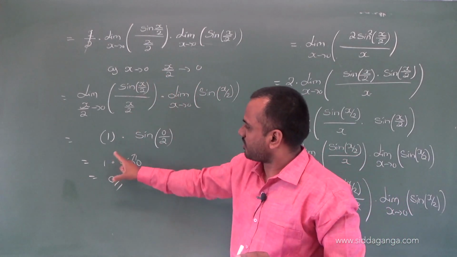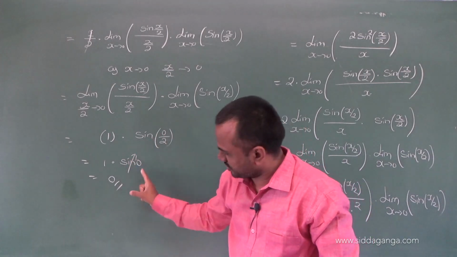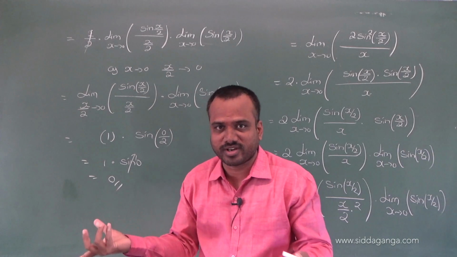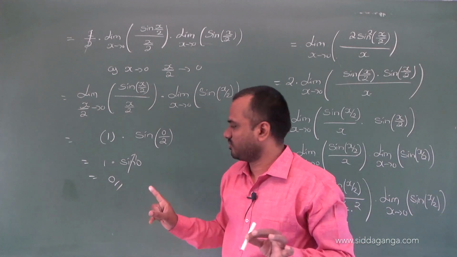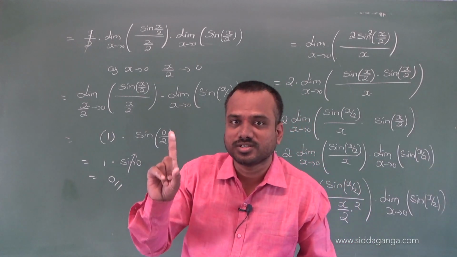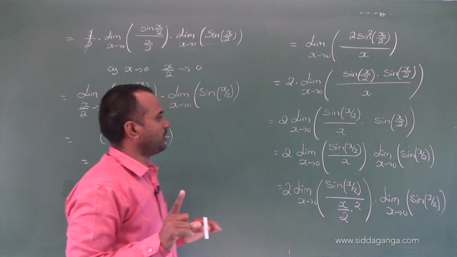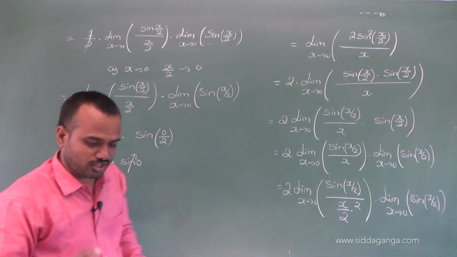Understand? 1 into sin 0, the value of sin 0 is 0, and 0 into 1 is 0. 0 is a finite value, not an indeterminate value; 0 by 0 is indeterminate. So for this problem, the answer is 0. Observe this problem very carefully. Next problem.